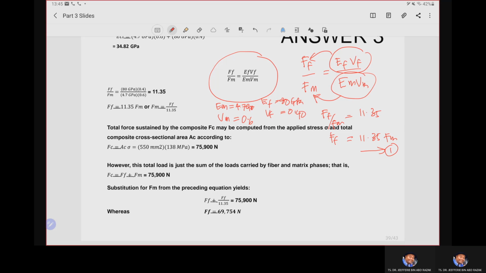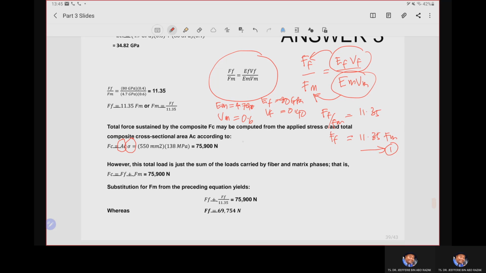And then, having the data for the cross-sectional area and also the stress, the AC is given as about 550 mm squared, and sigma, the strength, is about 138 megapascal.